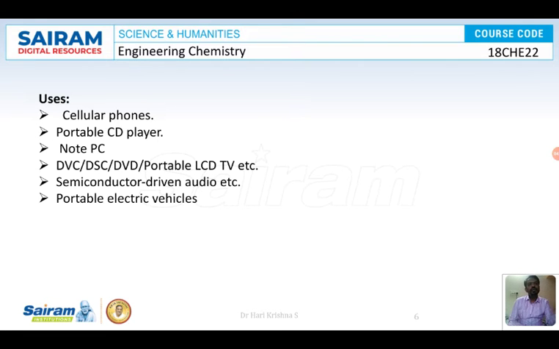Earlier we used to use and throw batteries, right? Then cameras, torches, drilling machines, cordless equipment which you use for gardens, portable radios, televisions. In all of these we are going to use a lithium ion battery.